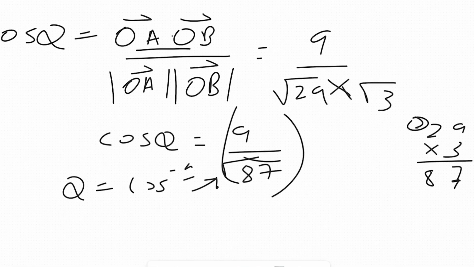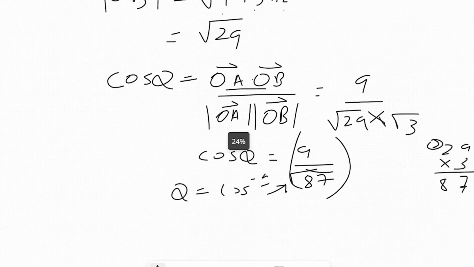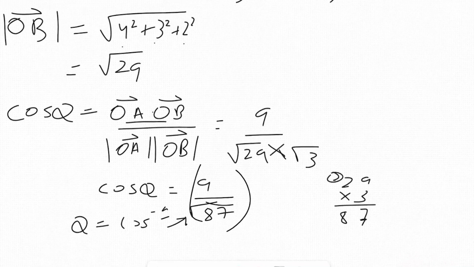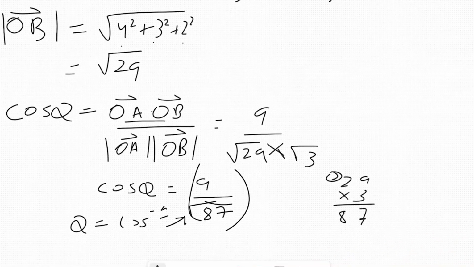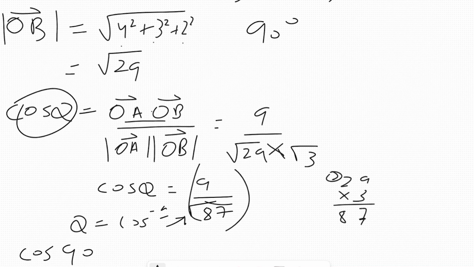And if a question asks us whether both vectors are perpendicular to each other, then the angle is 90, right? So cos theta would be cos 90, and if you have studied graphs, cos 90 is always 0. So it would become 0.